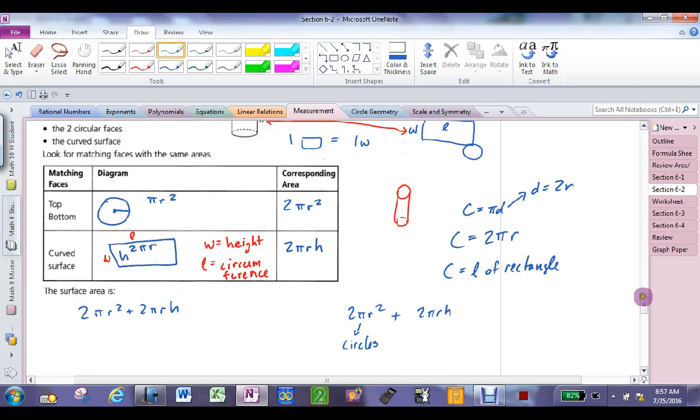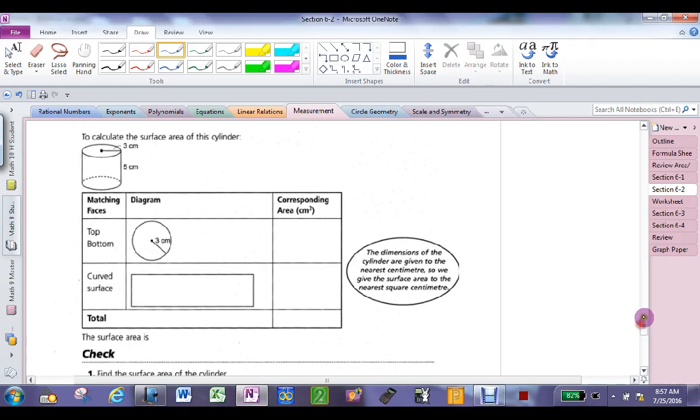Okay? So let's practice it a little bit. What do I have there? A cylinder. Great. I know the formula is what? 2 pi r squared plus 2 pi r h. Agreed? Let's do it the long way first.